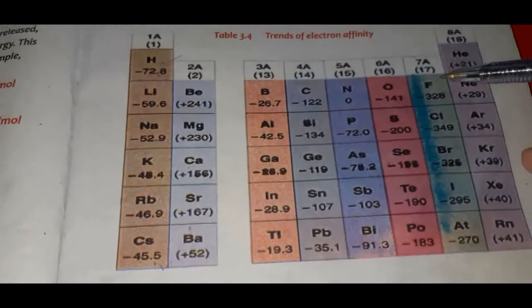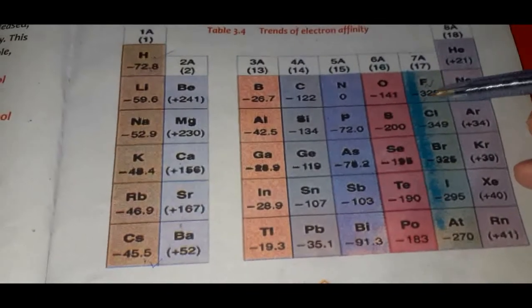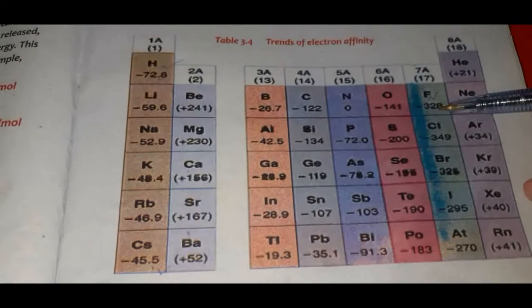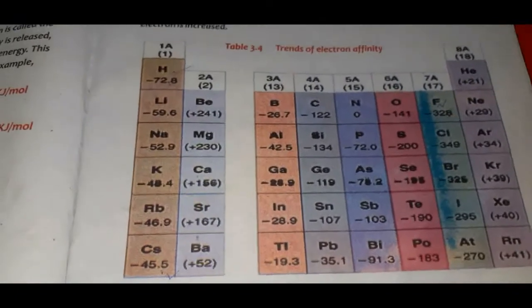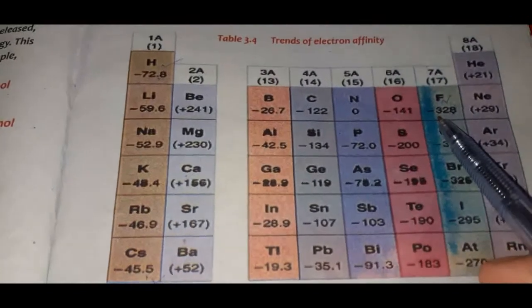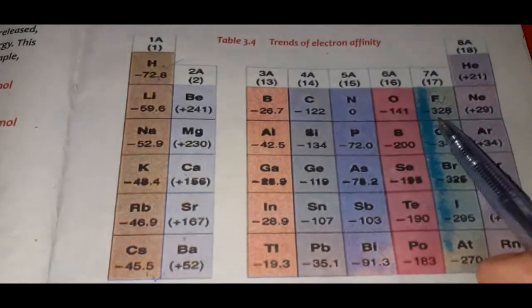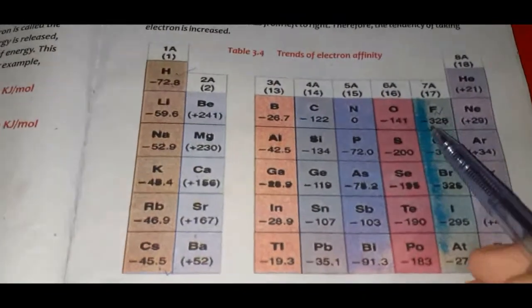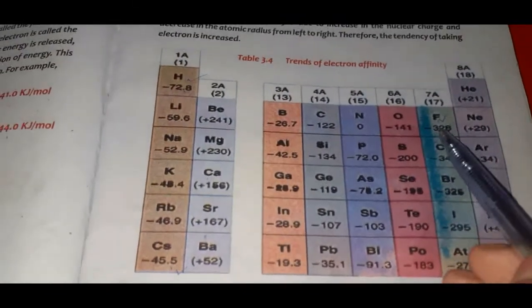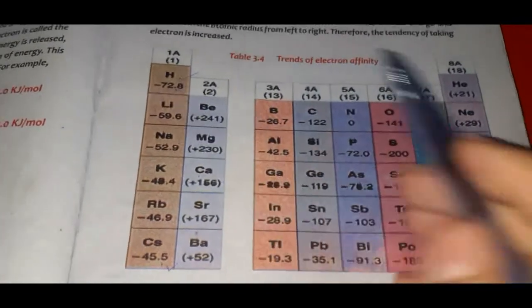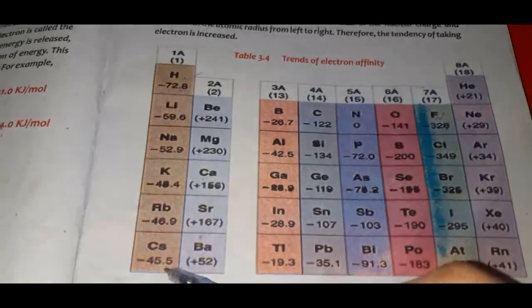Whereas if you look over here at fluorine, fluorine has 328, more as compared to hydrogen. Why? That is because of its smaller size. So fluorine has the smallest size in the periodic table. That is why its electron affinity is more as compared to hydrogen and as compared to cesium, right?